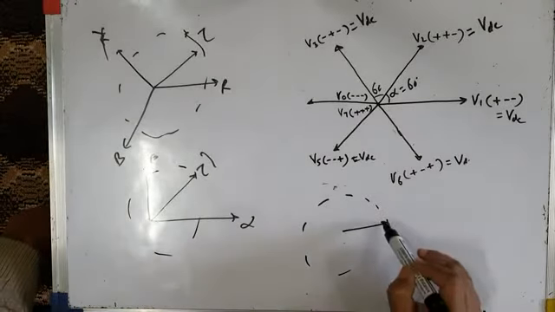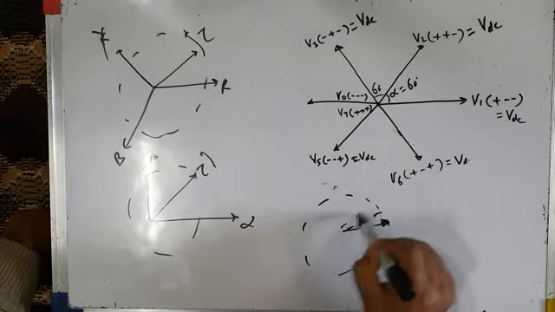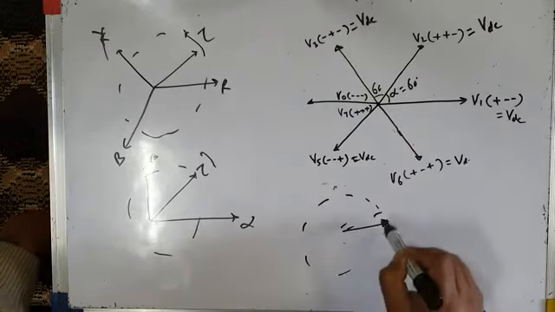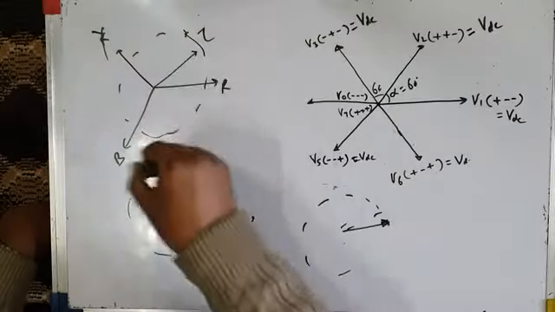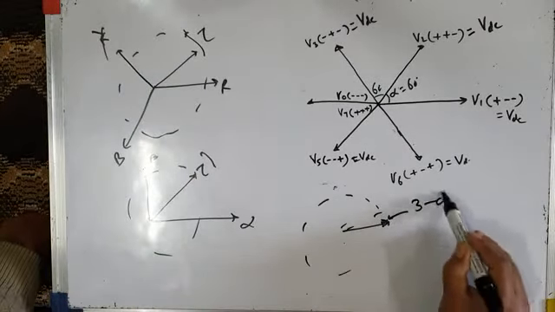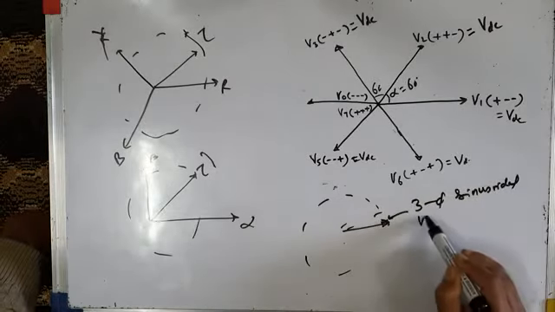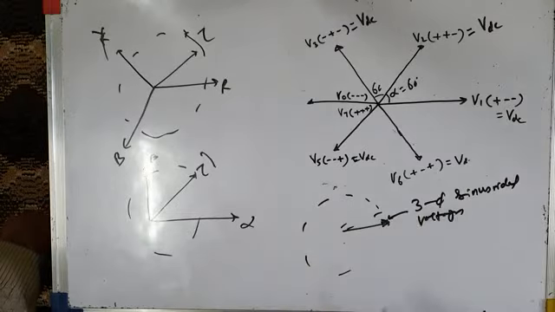In case of inverters using the space vector concept, if I am able to produce a rotating reference vector like this, which is analogous to the rotating magnetic field, this rotating vector will represent three-phase sinusoidal voltages. It will be representative of three-phase sinusoidal voltages. Okay?